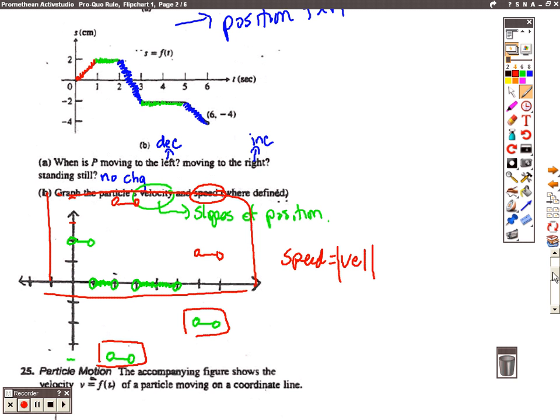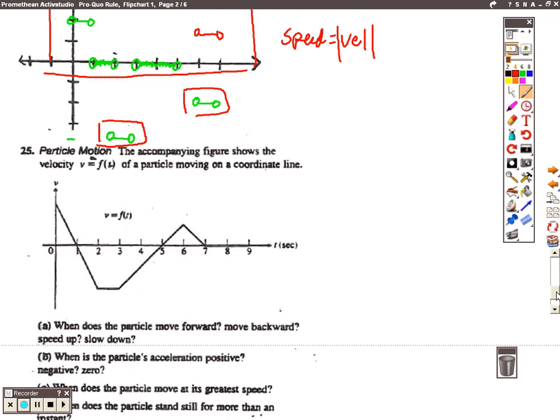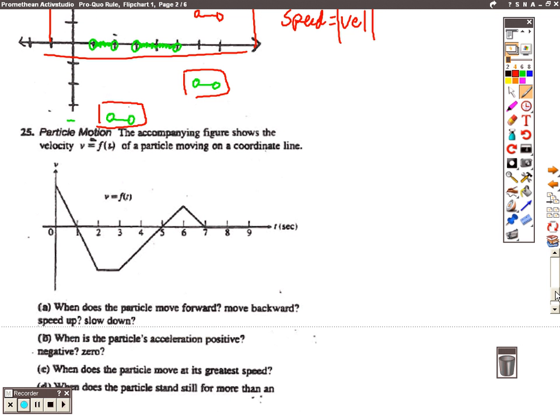Okay? Problem number 25. This time they give us a velocity function. So again, identify the function first every time. Question A. When does the particle move forwards, backwards? Now we're interpreting velocity, so whenever velocity is positive, the particle moves forward.